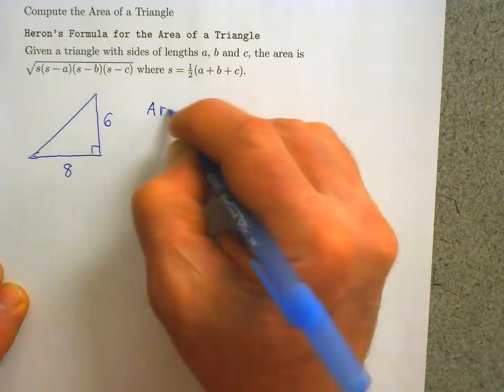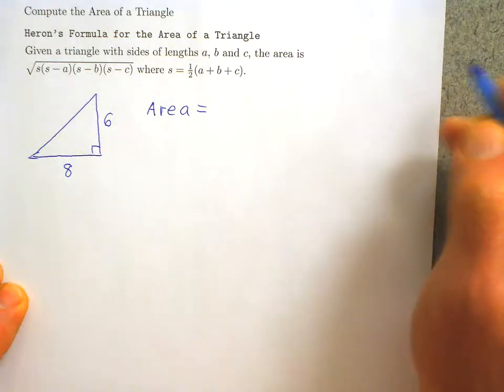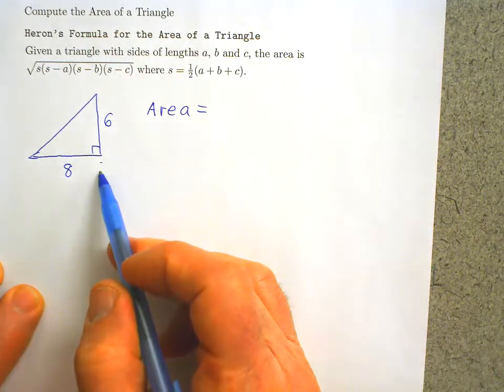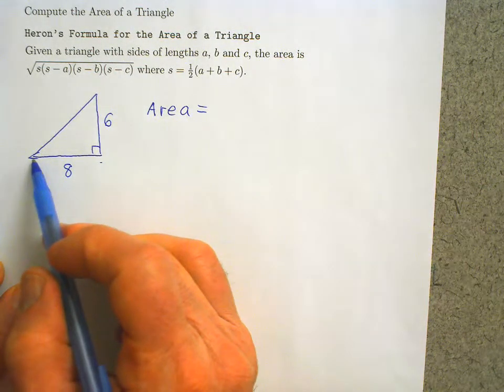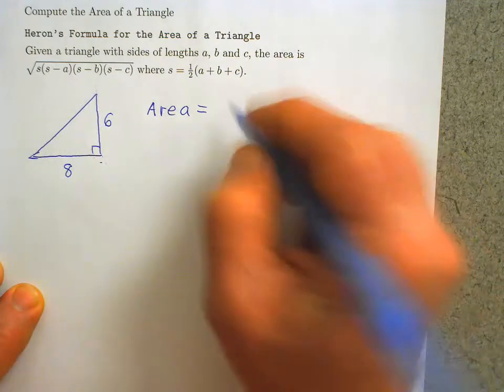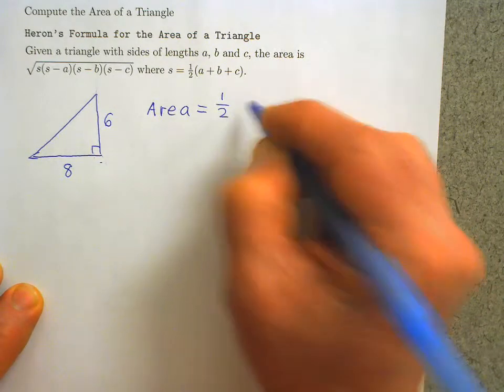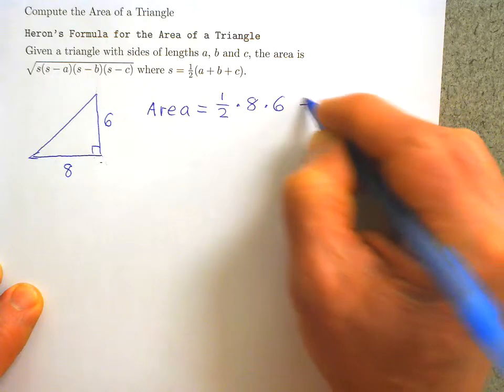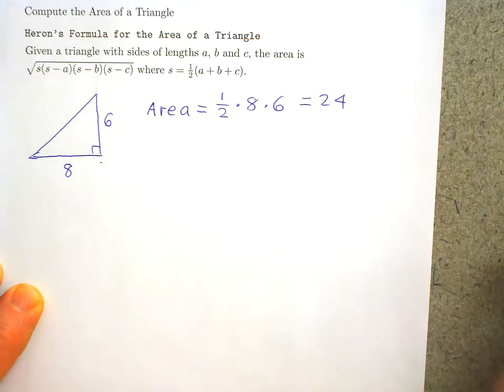So we know that the area is 1/2 base times height. So in a right triangle, you can use one of the legs as the base and the other leg as the height. So the area is 1/2 times 8 times 6, or 24 square units.